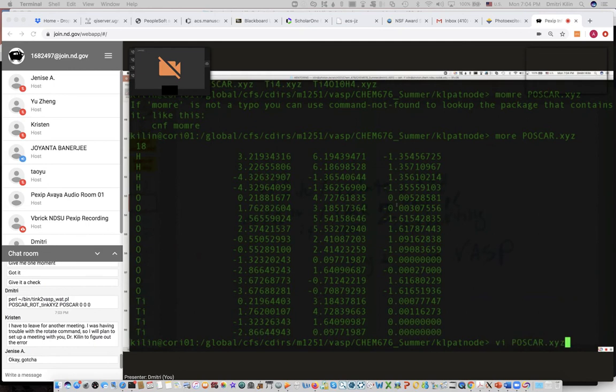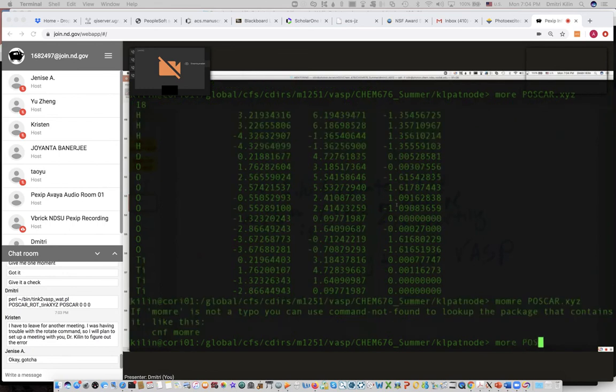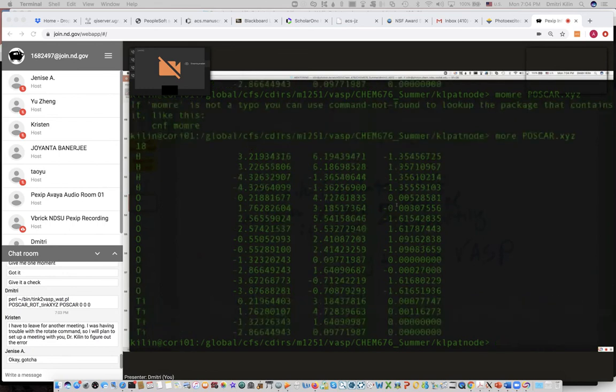You can do it yourself, or I can do it instead of you. The rotate command will not work if the .xyz file is not in the right format.